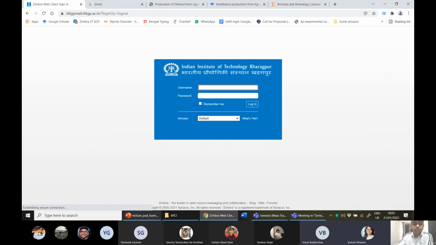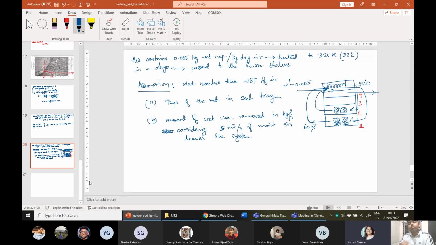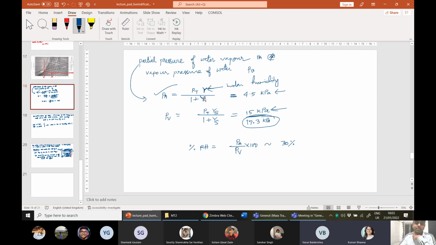See, y prime, y bar, all are absolute humidity. Y bar is humidity in terms of mass units. Y is humidity in terms of mole units. Yes, I understood. This is the molar humidity. Unless humidity is in moles or in molar ratios, you cannot apply this mole balance and Dalton's law.